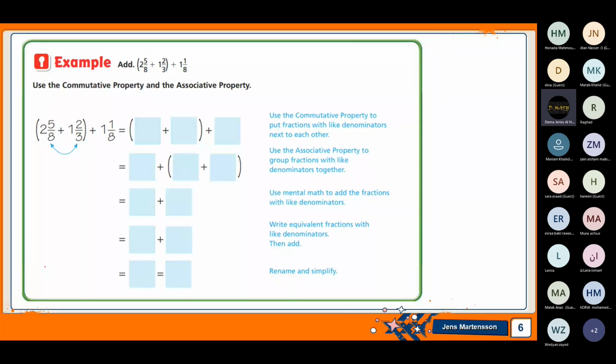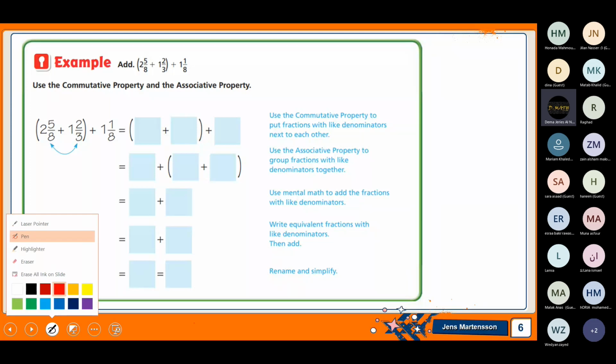Now, use the commutative property and the associative property. Here, what do we have? 2 and 5 over 8 plus 1 and 2 over 3 plus 1 and 1 over 8. First of all, you have to use the commutative property. Why? Look at them here.